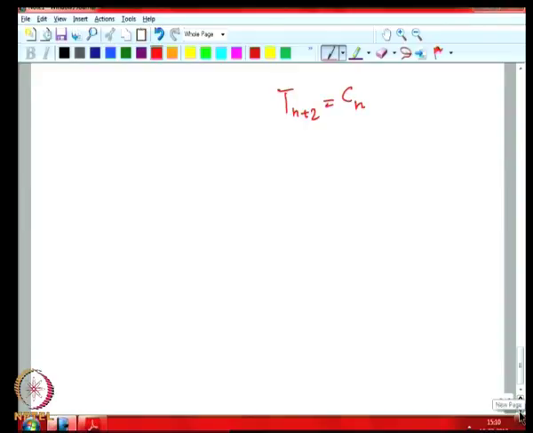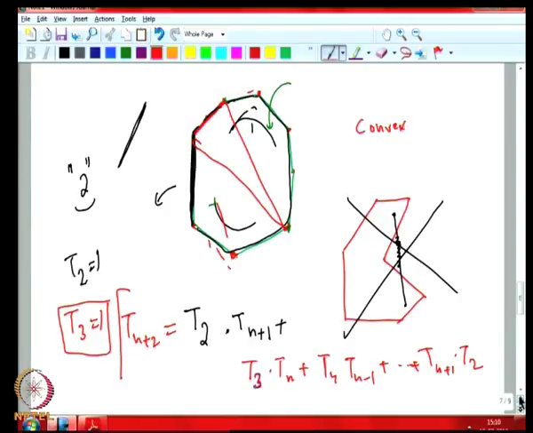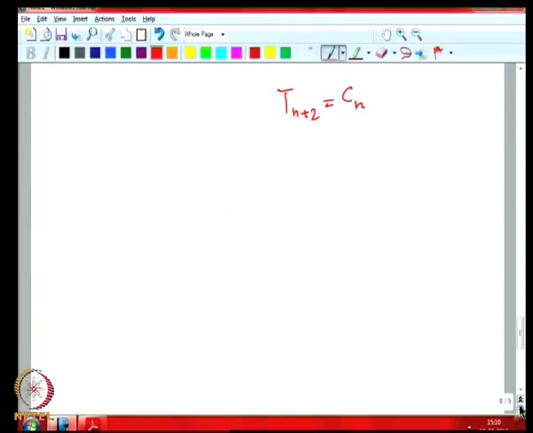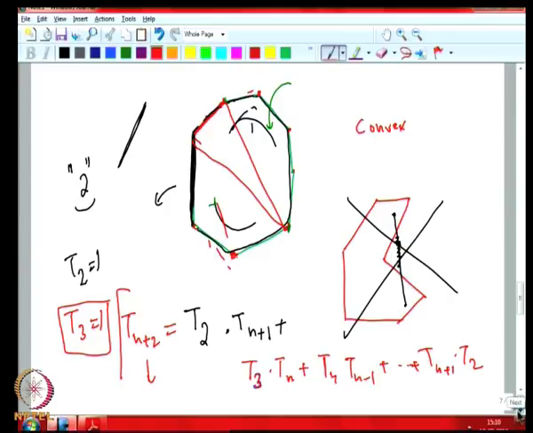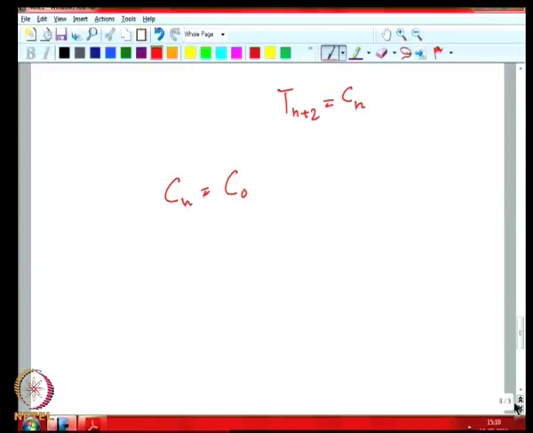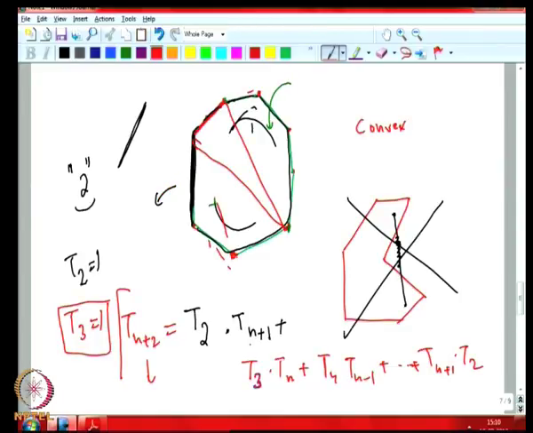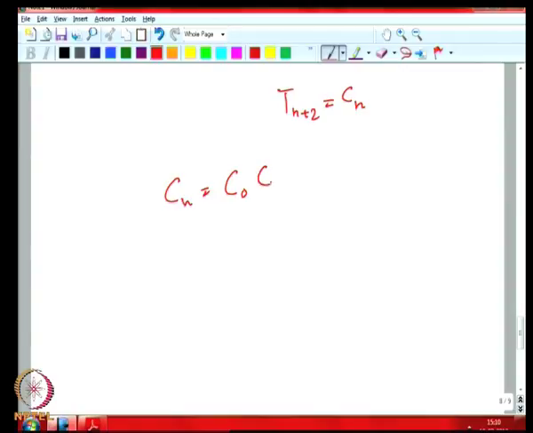Then we can rewrite this: Cn is equal to, the T2 will become C0, T n plus 1 will become C n minus 1, and then C1. T3 will become C1 and Tn will become C n minus 2, and so on. Finally, this will become C n minus 1 into C0.